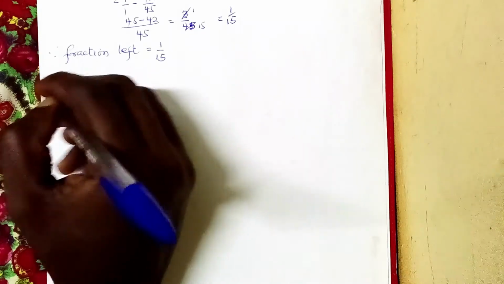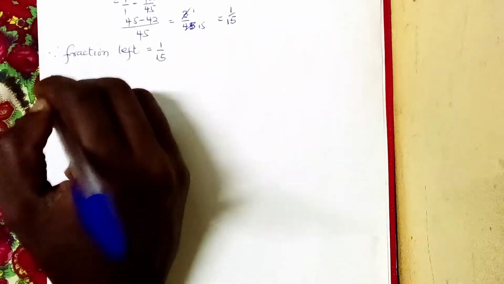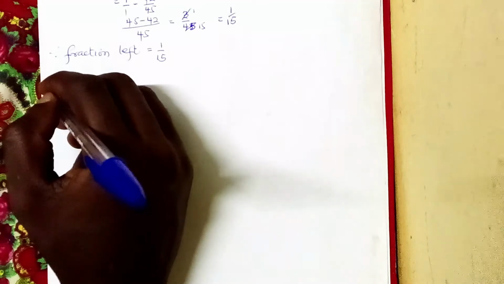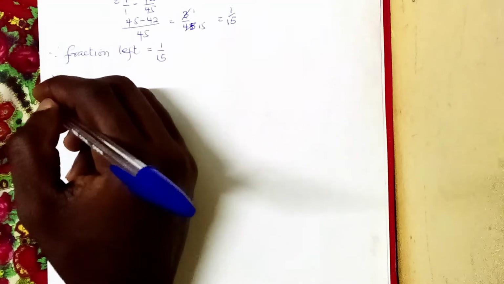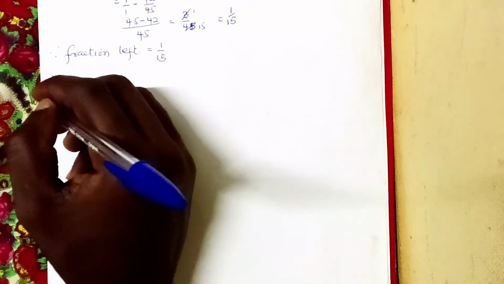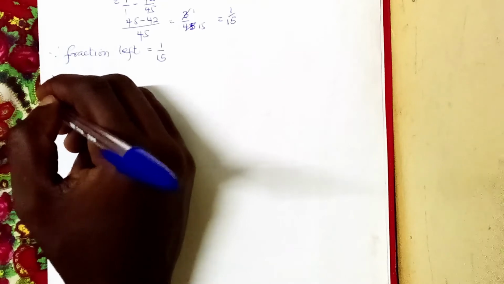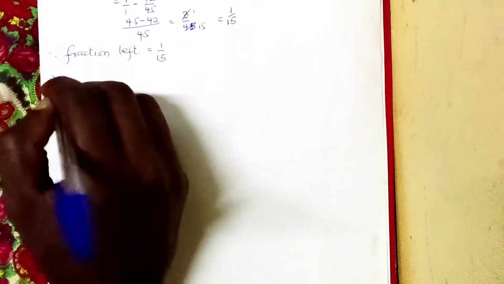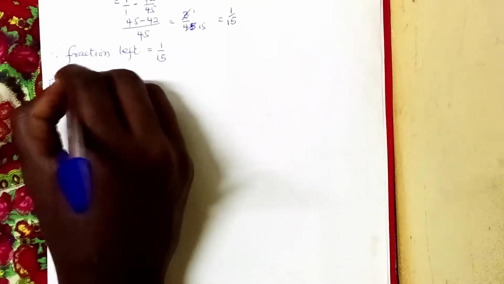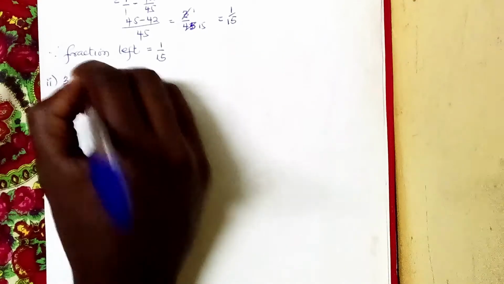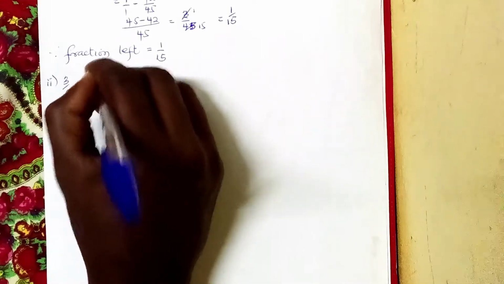With (ii), we have to find how much fuel the car holds when full. If 3/9 is equivalent to 5 liters, so now we have 3/9 of the fuel is equal to 5 liters.